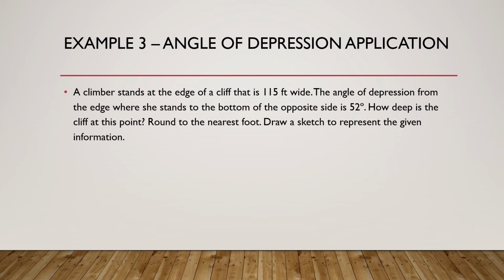We have another one. Now we have a climber on a cliff, and the ravine is 115 feet wide. The angle of depression from the edge where she stands to the bottom of the opposite side is 52 degrees. So I could imagine that here's my cliff, so she's up on a cliff.